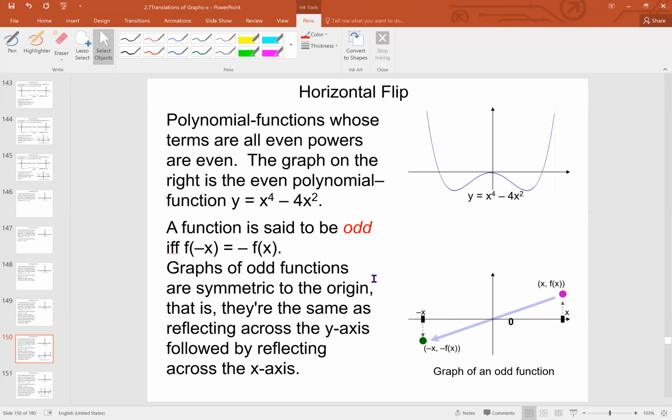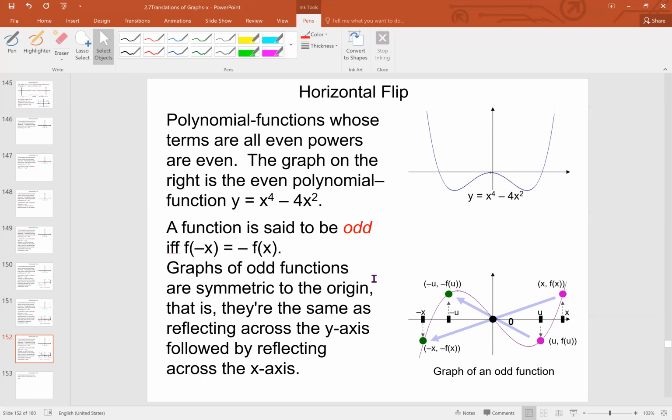Okay, so here's a picture. One is x, f of x, and the other one is minus x, minus f of x. So the functions are odd if they satisfy these conditions. In this case, the picture is symmetric across the origin, diagonally. Okay, like that.